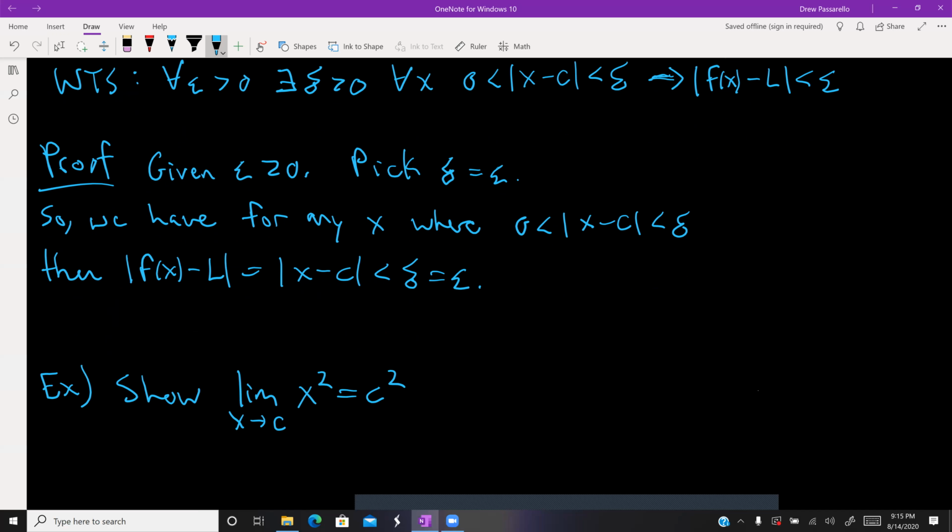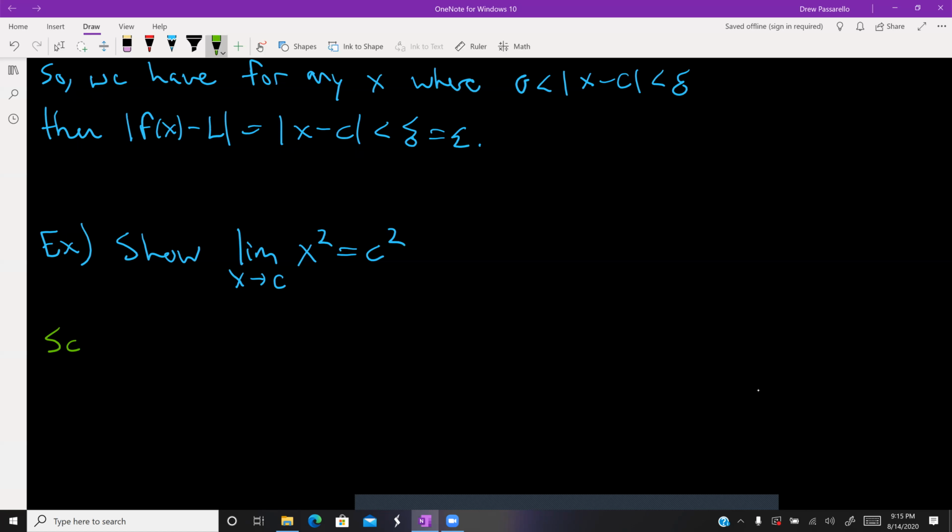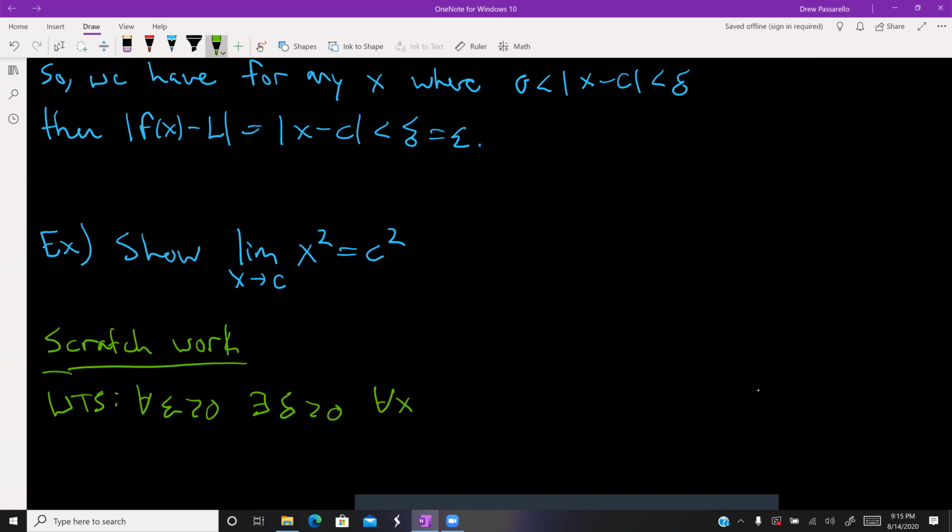All right, so this one I'll actually put some scratch work. All right, so I wish to show for all epsilon, there exists a delta, so for all x, where 0 less than the absolute value of x minus c less than delta implies the absolute value of f of x minus L to be less than epsilon.